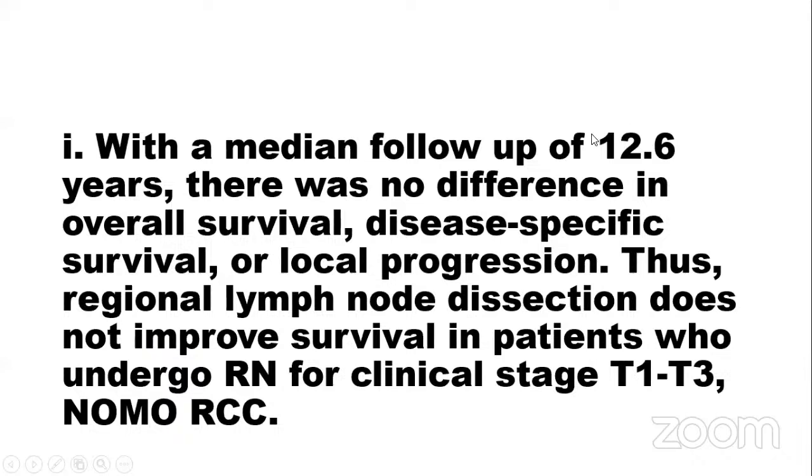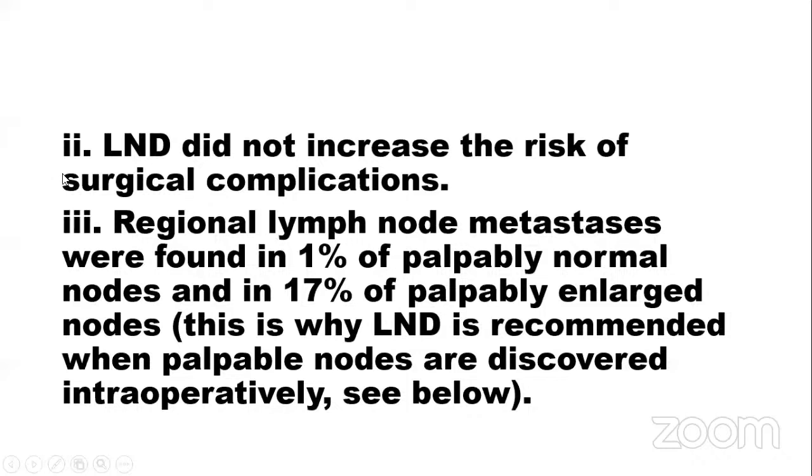With a median follow-up of 12.6 years, there is no difference in overall survival, disease-specific survival, or local progression. Thus, regional lymph node dissection does not improve survival in patients who undergo radical nephrectomy with T1 to T3, no lymph nodes, RCC.